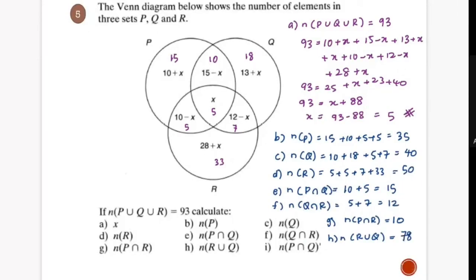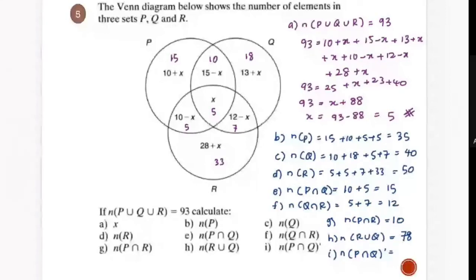You just have to sum up all these: 10, 18, 5, 7, 5, 33. Then you will get 78. And the last one, the number of elements in P intersection Q prime. What does this mean?